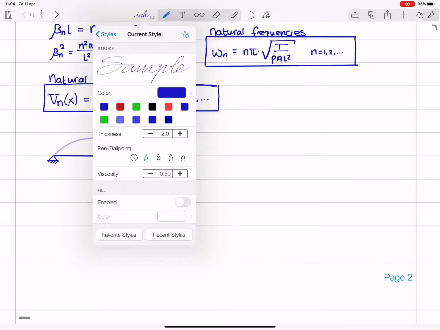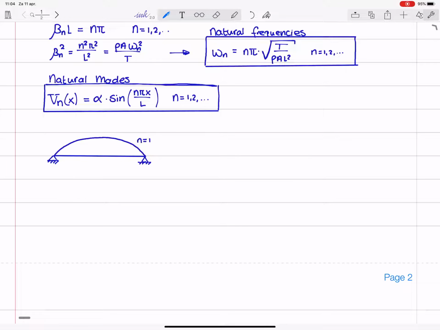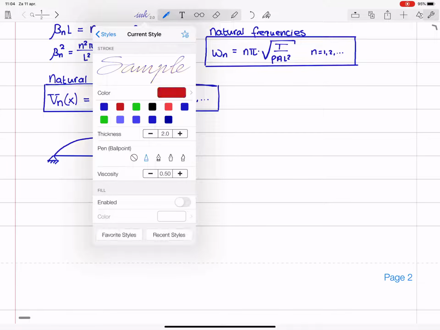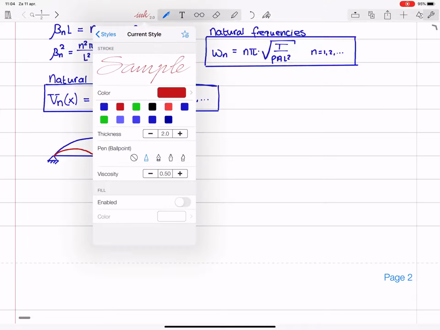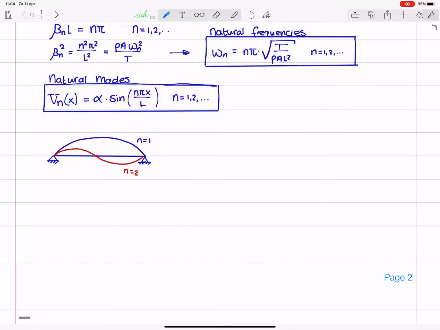So that is for n is 1. For n is 2, we get the sine of 2 pi x divided by L. That means that in length L, there is exactly one full sine. So this is for n is 2. And then for 3, we see that there are 1.5 sine periods. So it's something like this, for n is 3.